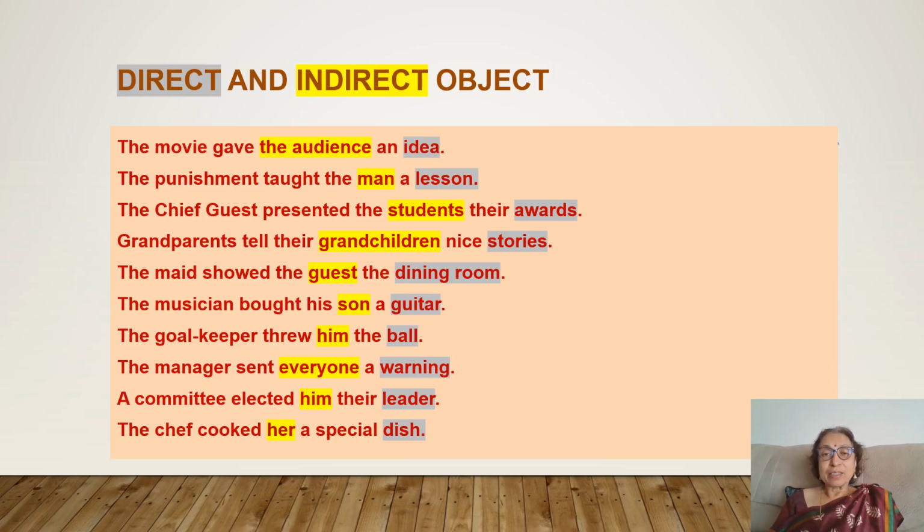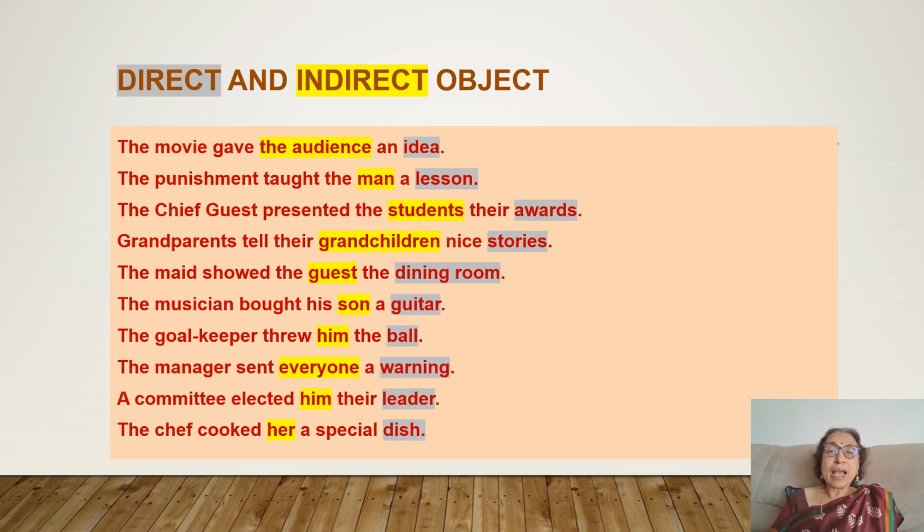We cannot do that. So we must remember that audience is indirect, I have put it in yellow, and idea is direct, because idea is what completes the sentence. The movie gave an idea is a complete sentence. We don't really require anything else.